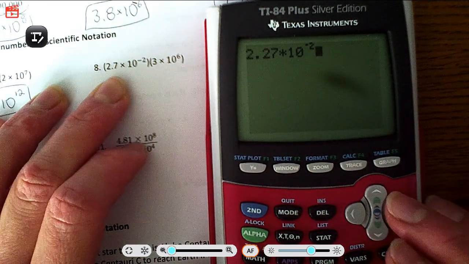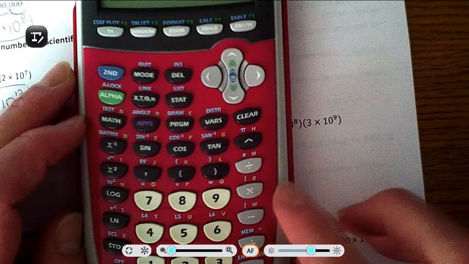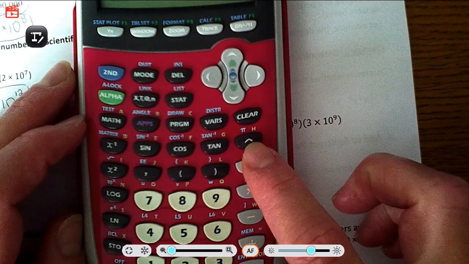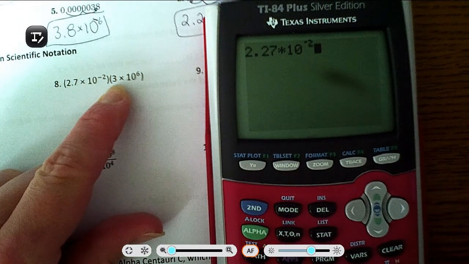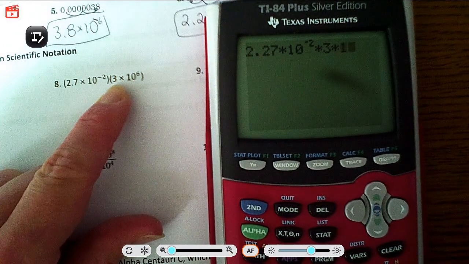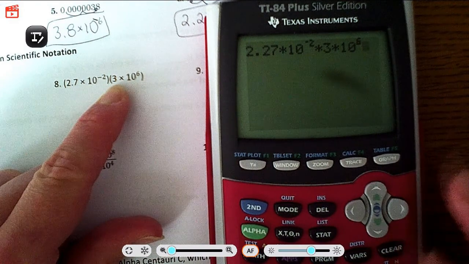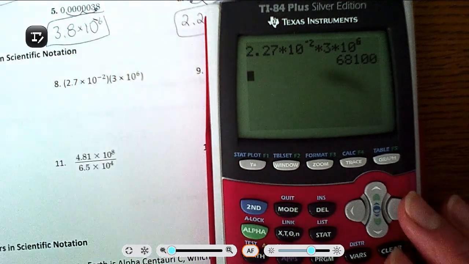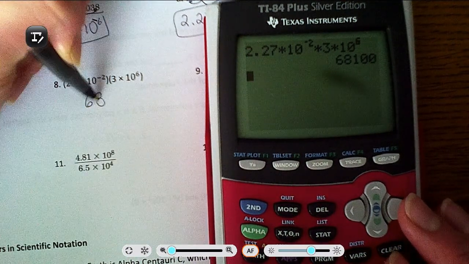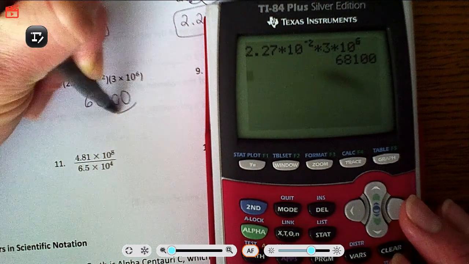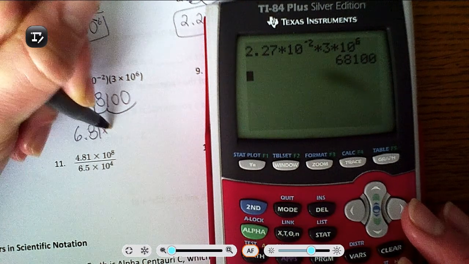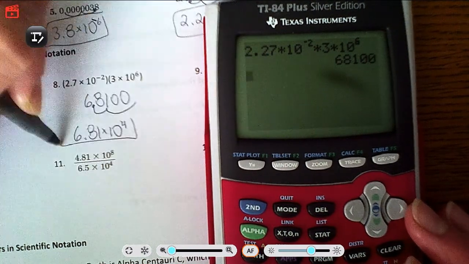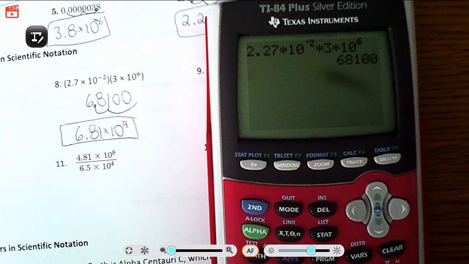And that uses this caret key to get 10 to a power, times 3 times 10 to the 6. Okay, and then that is 68100, or 1, 2, 3, 4, to the 4th, 6.81 times 10 to the 4th.